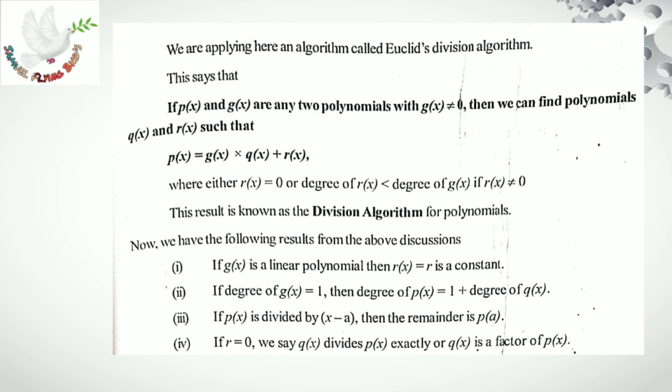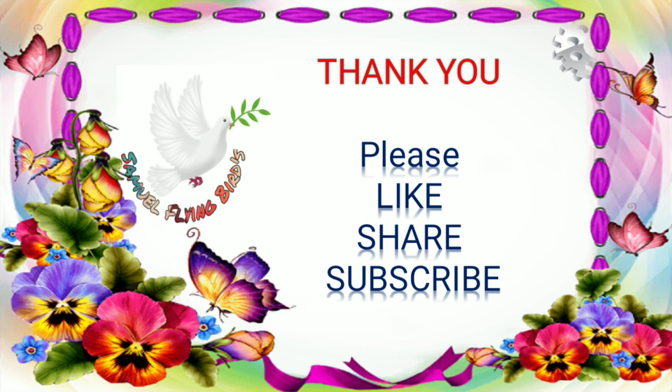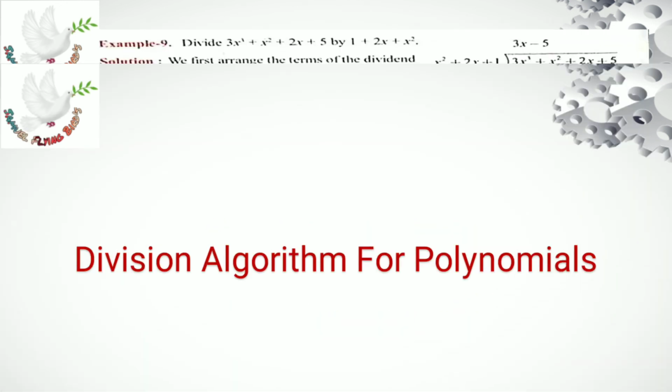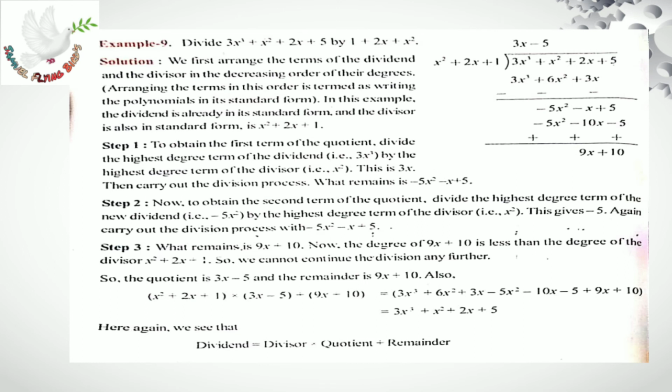Here we have to observe that in this method we are applying an algorithm, Euclid's division algorithm. This says, as we did in the previous method, that dividend equals divisor into quotient plus remainder. The same method we are writing in another form, in polynomial form.